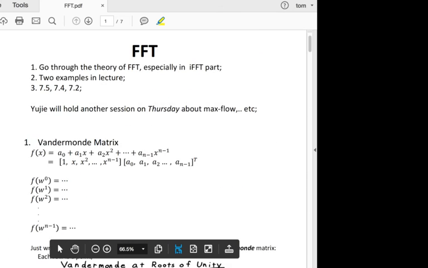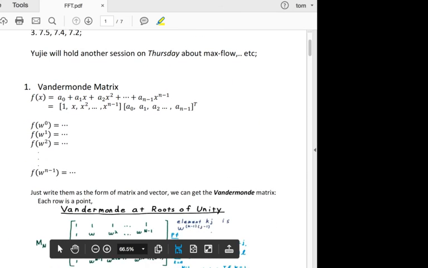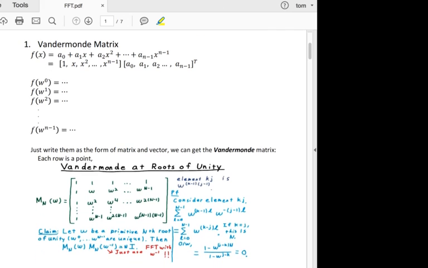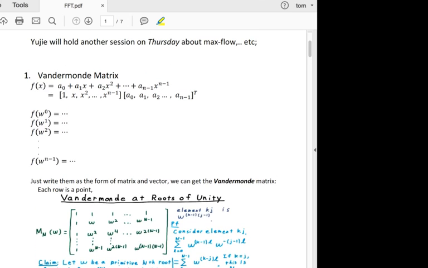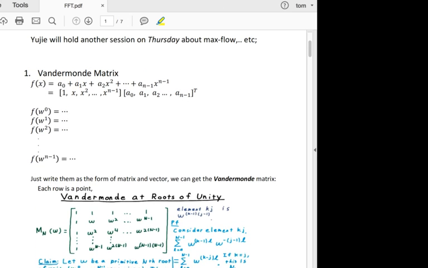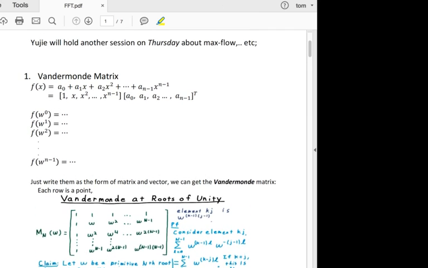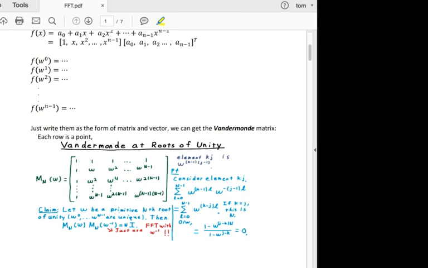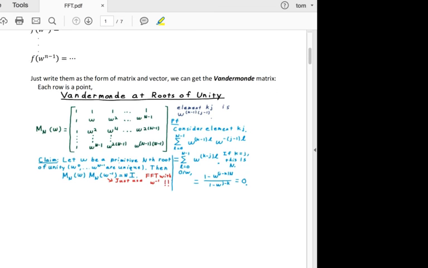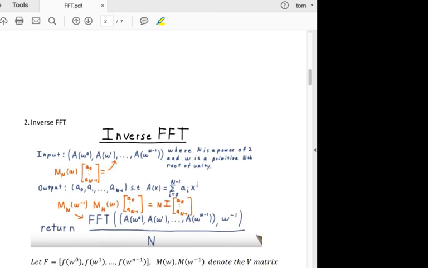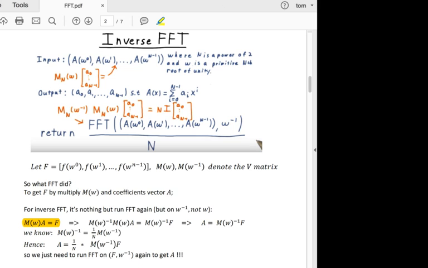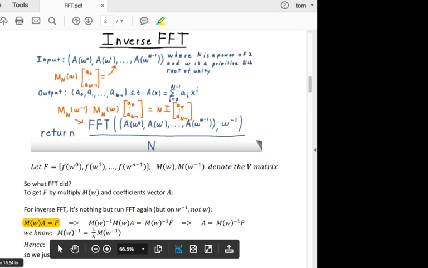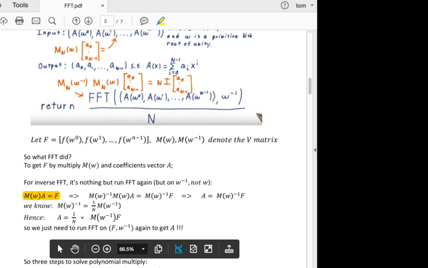So let's go through the whole office hour. Basically, we start from the theory of FFT. It represents the typical polynomial as the form of a vector. For the n points, we have the matrix multiplied by a coefficient vector. The inverse FFT is simple. The proof is simple, and the inverse FFT is just doing the FFT again.